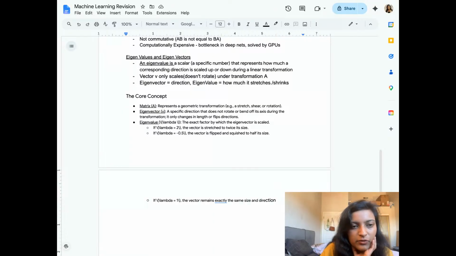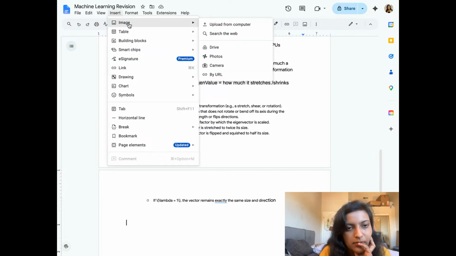Let's read through this image that I got from GeeksforGeeks. Insert it here. Insert image, upload.